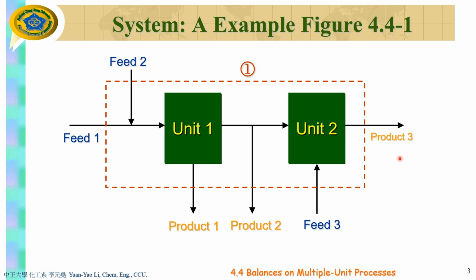Okay, apart from this hypothetical box, how many systems can you create? This is system 1, right? Of course, you can have system 2 here. How many inputs? There are 2 inputs into this box, right? You can regard this as a mixer.